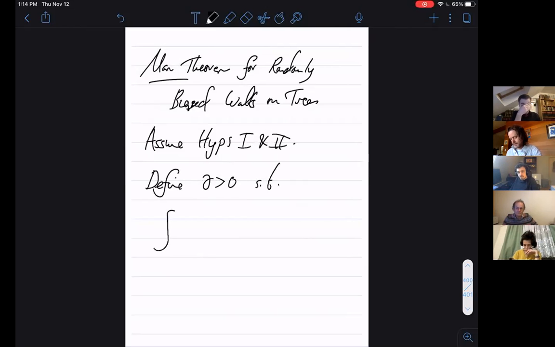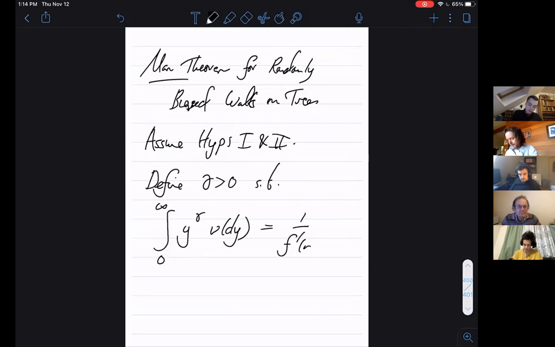The condition is that the bias law is called nu, okay? And then I do this integral. This integral can be performed for any positive gamma, of course, and there's a unique value of gamma for which you get this answer. Recall that R is the extinction probability.